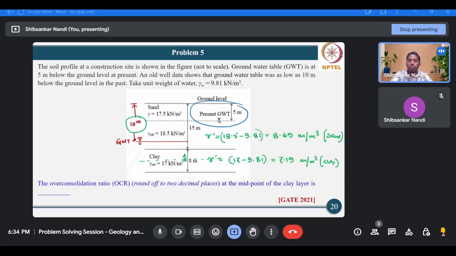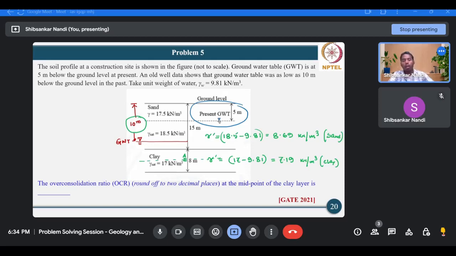For example, before consolidation, after consolidation, and after unloading. Means for different stages, like before loading, after loading, and after unloading. So you can put it in this way as well.